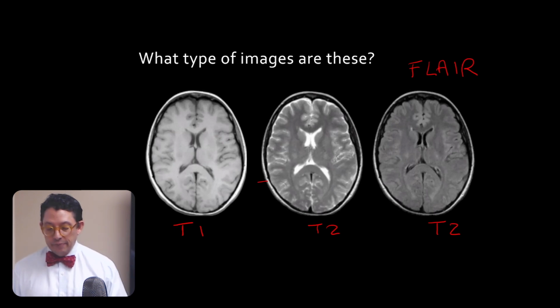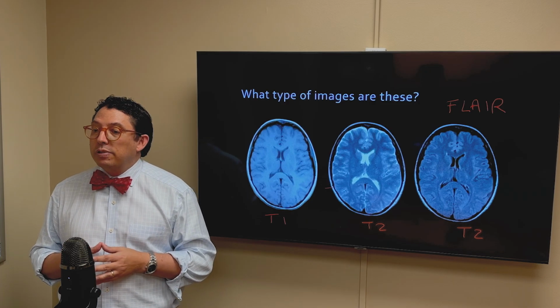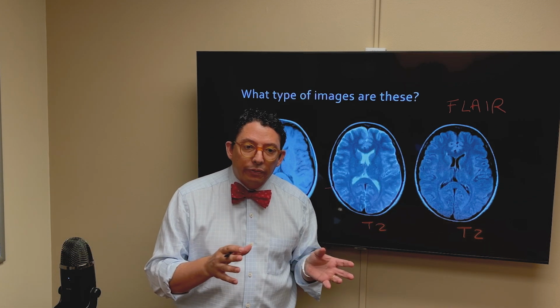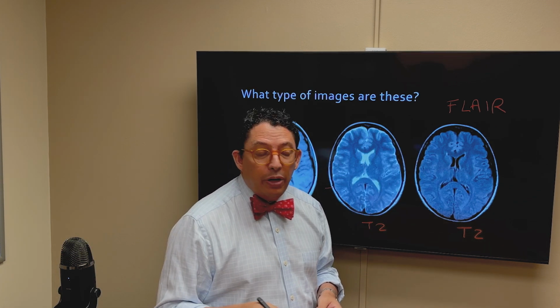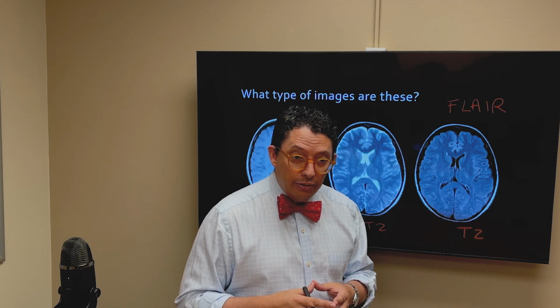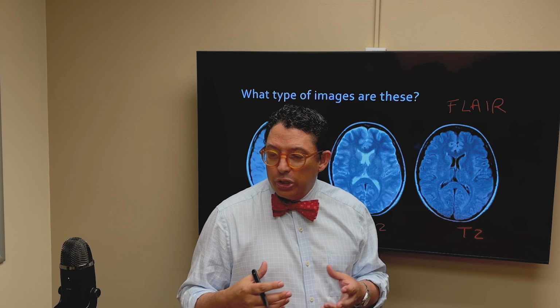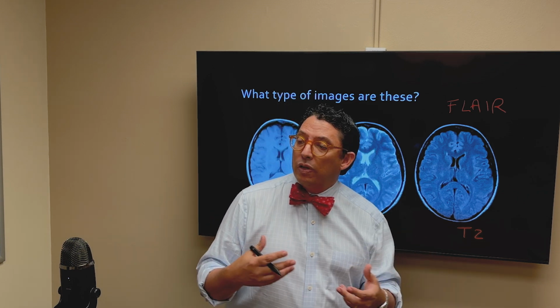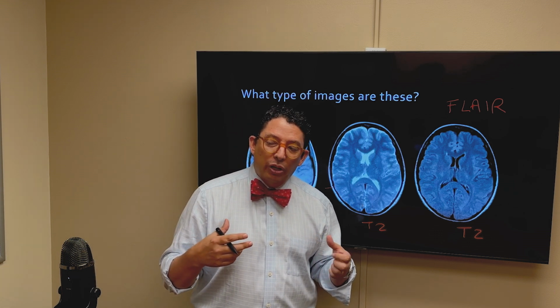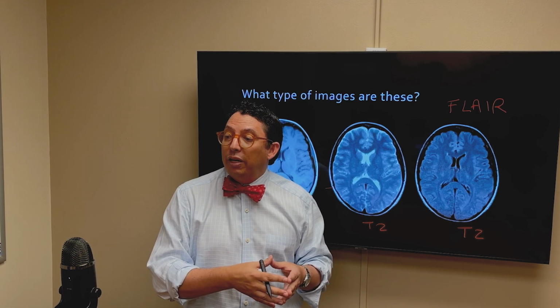Correct? So FLAIR is a T2 where you saturate the ventricular fluid, kind of. Why is it important? Because if there's disease like edema, it will not be saturated. It's going to remain bright. So the brightness of the ventricles or of the CSF around the brain will not be disturbing my interpretation of the image.